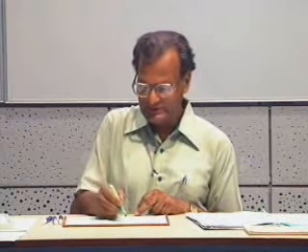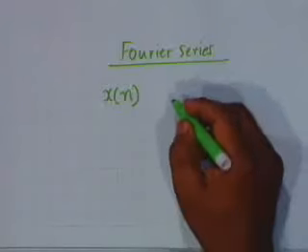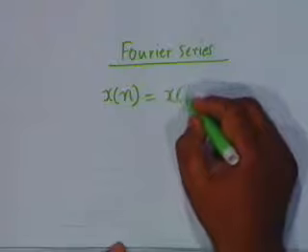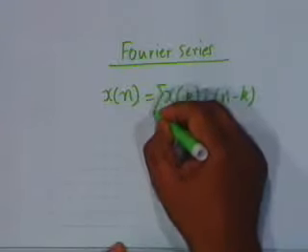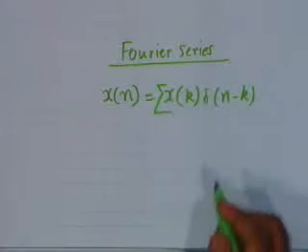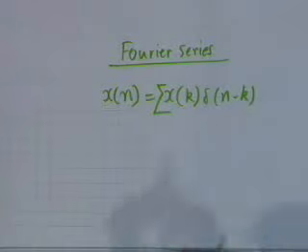The Fourier series, the motivation is the following. You have seen that any general discrete time signal x of n can always be written as a summation of basic signals, and the basic signal is delta of n, that is the unit impulse.